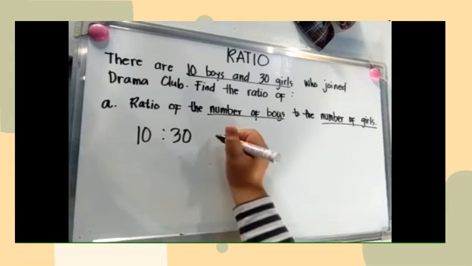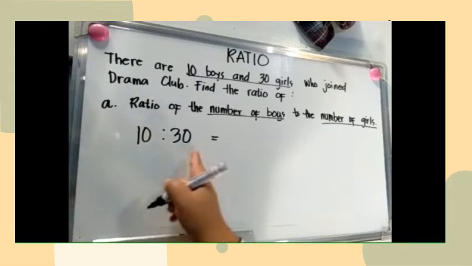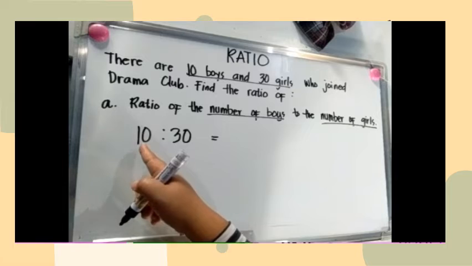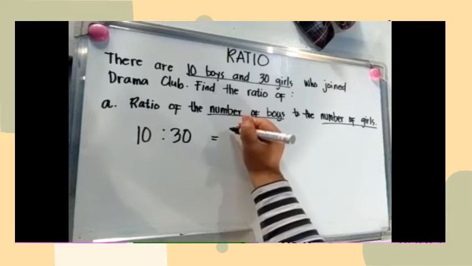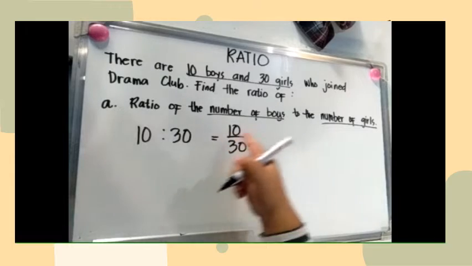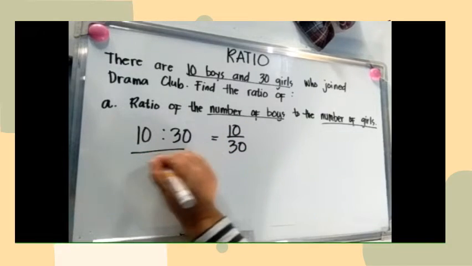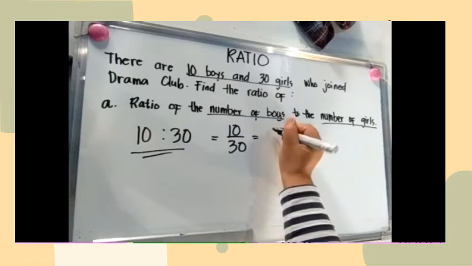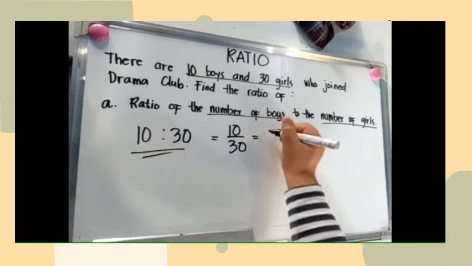Class, question: is this the final answer? Not yet, because this can be simplified. It is also written in this form, 10 over 30. It can be a fraction or in this form. What is the simplest form? Their common factor, class, is 10.